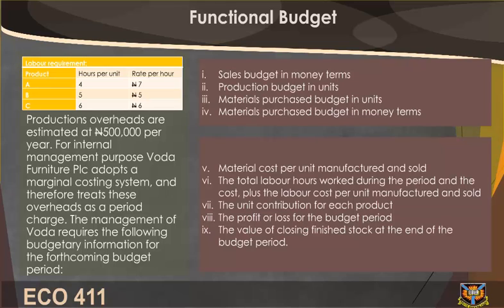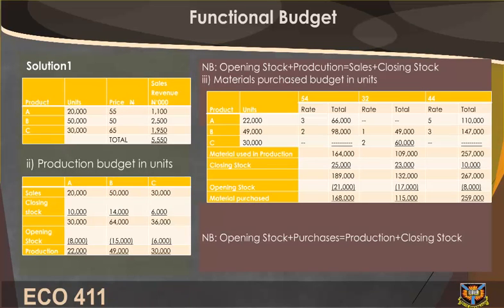The management of Voda requires the following budgetary information for the forthcoming budget period: sales budget in monetary terms, production budget in units, materials purchased budget in units, materials purchased budget in monetary terms, material cost per unit manufactured and sold, the total labor hours worked during the period and the labor cost per unit manufactured and sold, the unit contribution for each product, the profit or loss for the budget period, and the value of closing finished stock at the end of the budget period.